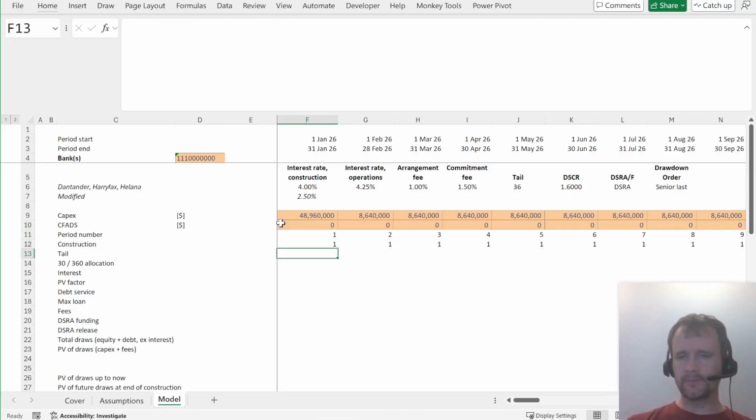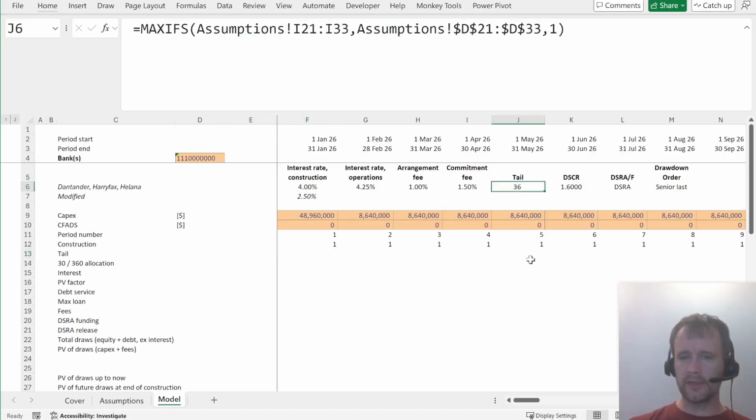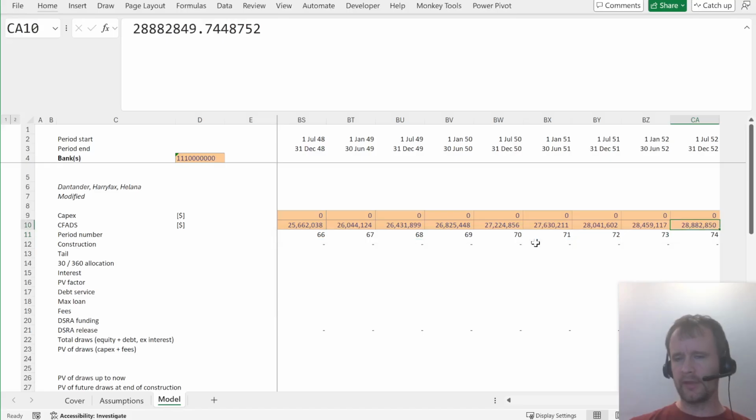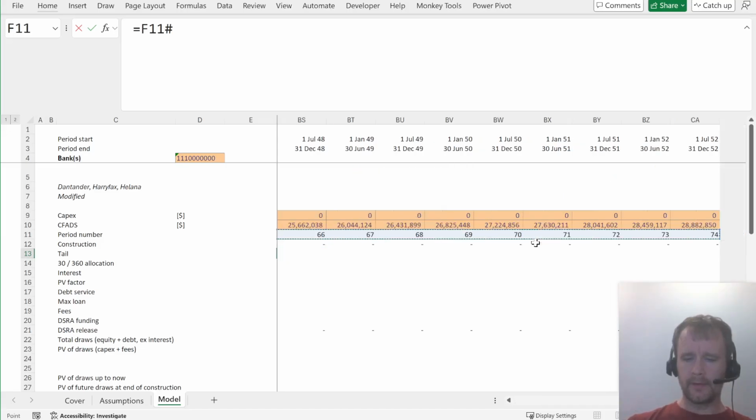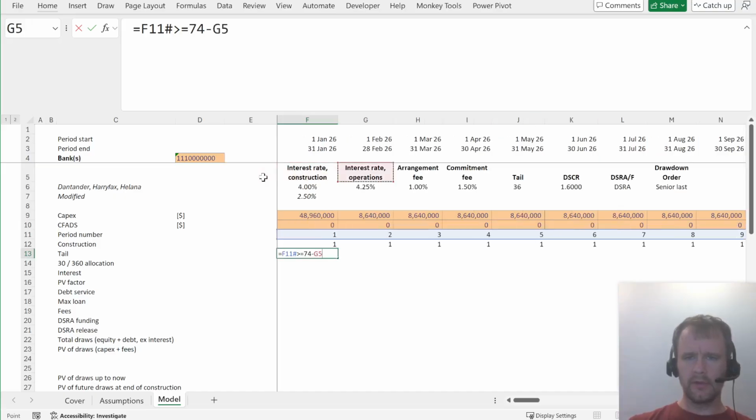Then the tail is in months, but the periods at the end are in 6 months. So it's just going to be this greater than or equal to 74 minus the tail divided by 6.